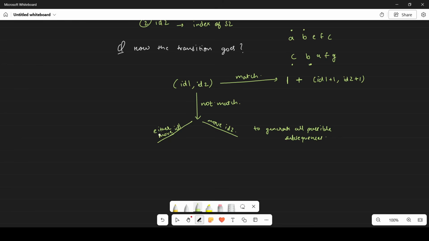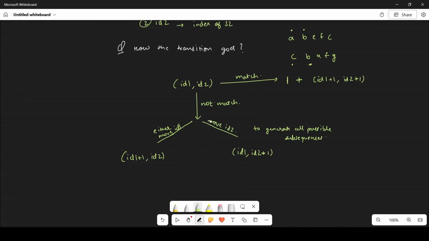That's why we move id1 while keeping id2 constant, and another case is move id2 but keeping id1 constant. So the first transition is id1 plus 1 comma id2 remaining as it is, and the second transition is id1 comma id2 plus 1. In this case id2 is incremented by 1 but id1 remains as it is.